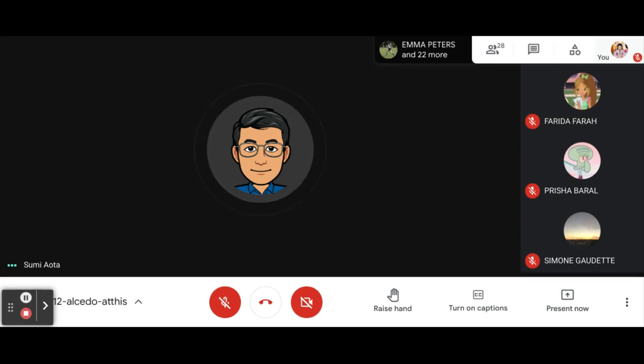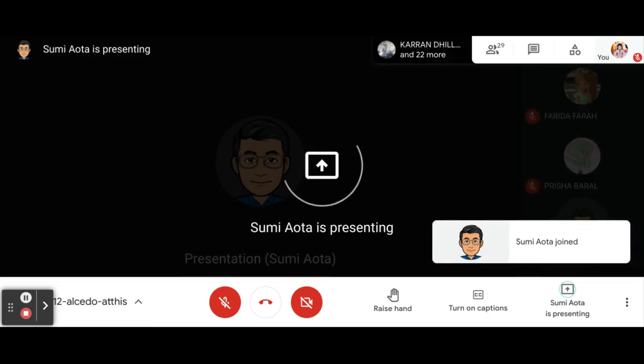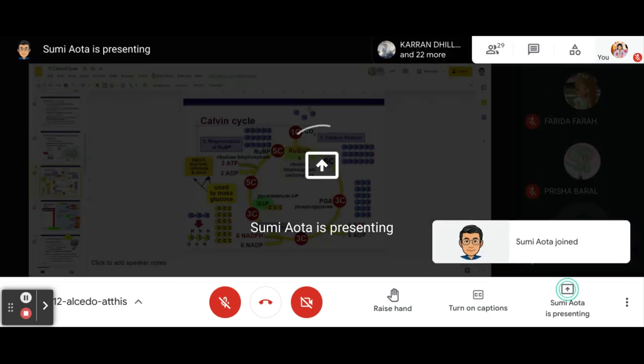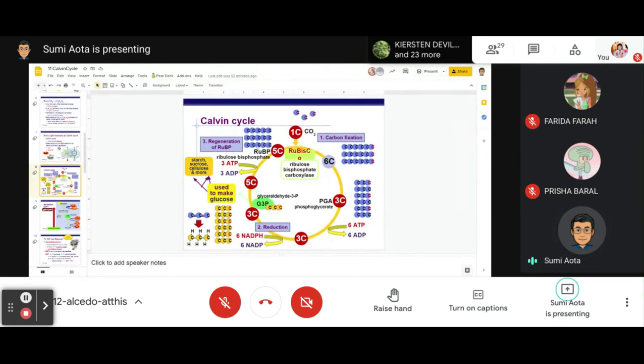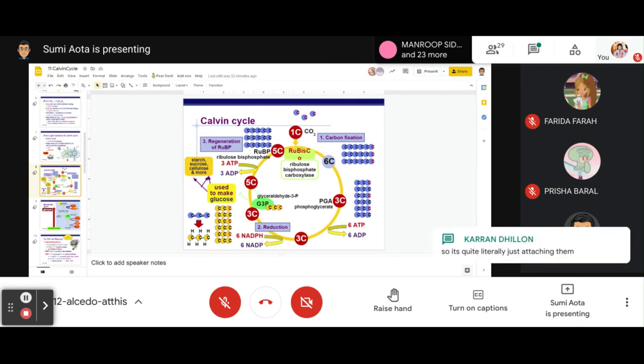Let me present that part. Right? You take three RuBPs, and each carbon gets attached to one of the five-carbon molecules by the enzyme Rubisco. That's carbon fixing. Yes.